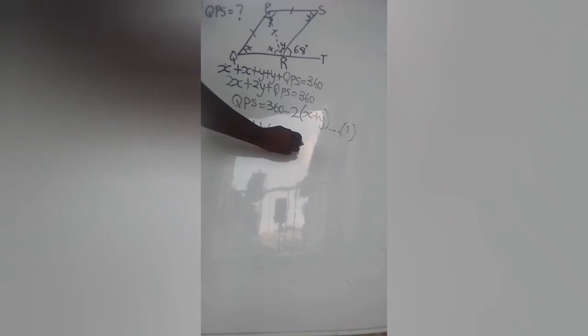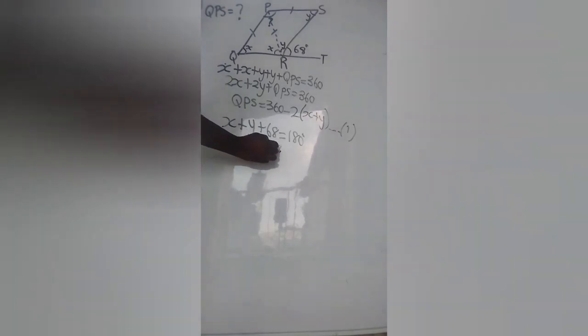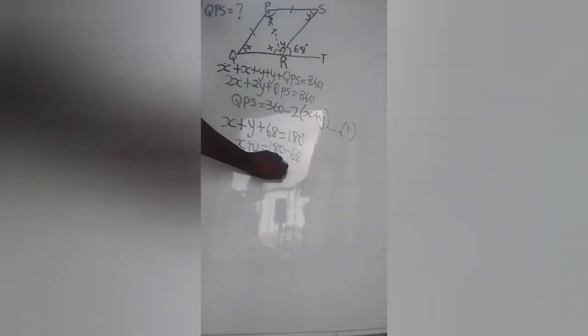So we continue. x plus y plus 68 is equal to 180 degrees. So x plus y is equal to 180 minus 68, which means that x plus y is equal to 112.